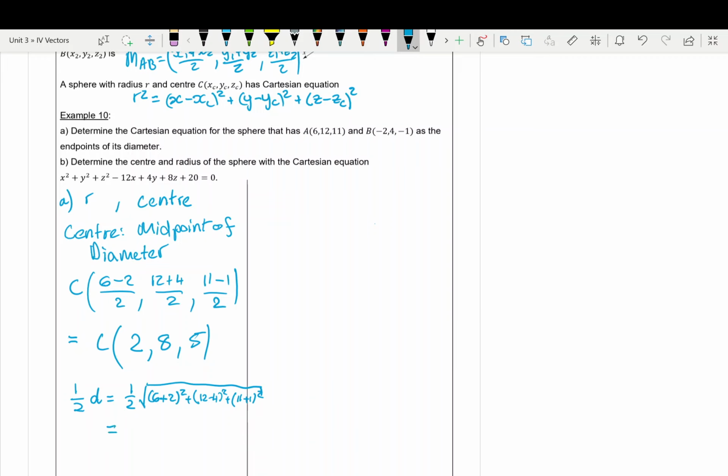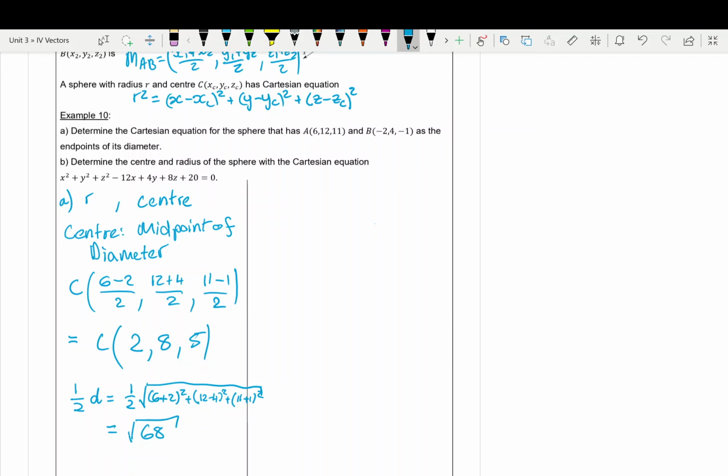And so what we get here is, let me just check my notes, the radius is square root of 68. Right, so that's after applying the half there.